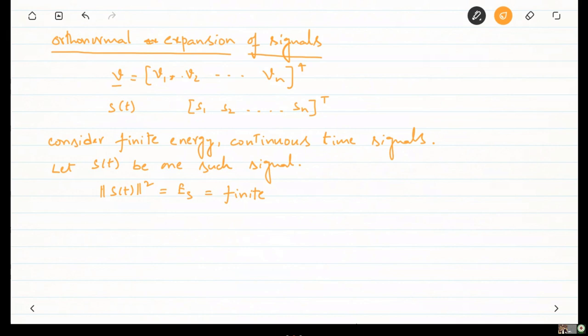That means the norm square of S of t, which is equal to the energy of S of t, is a finite quantity. It's not infinite. So let S of t be one such signal, and let phi n of t, n equal to 1 up to k, be a set of orthonormal signals.